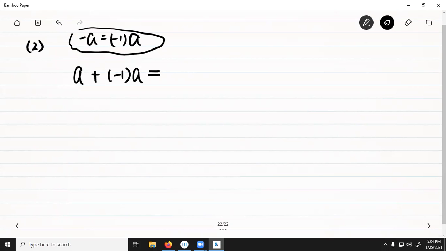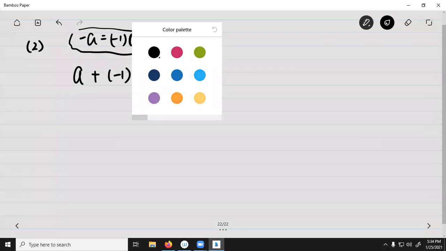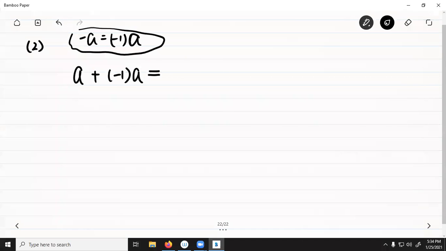So how to show that? We know that A is equal to 1 times A, so A plus negative 1 times A equals 1 times A plus negative 1 times A. We use the distribution axiom.